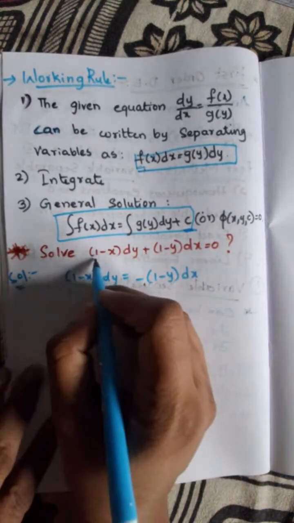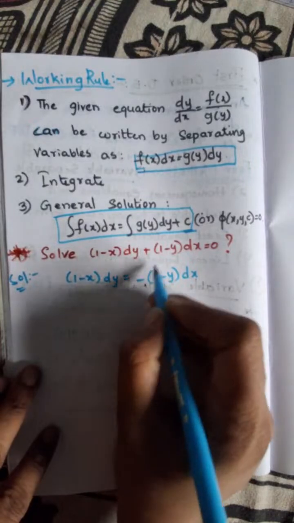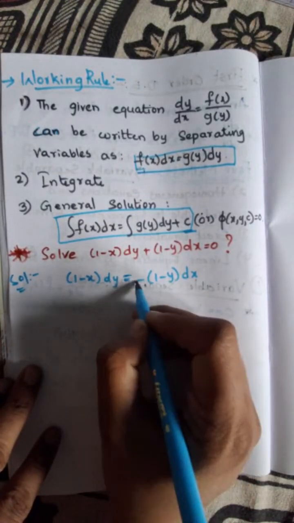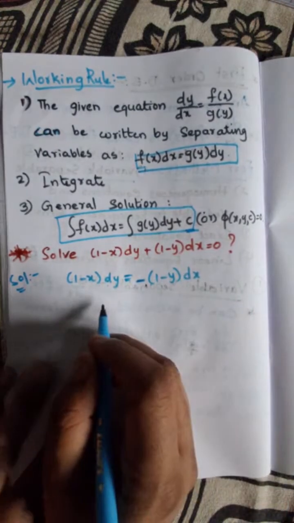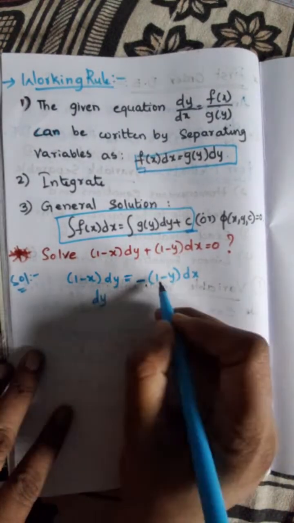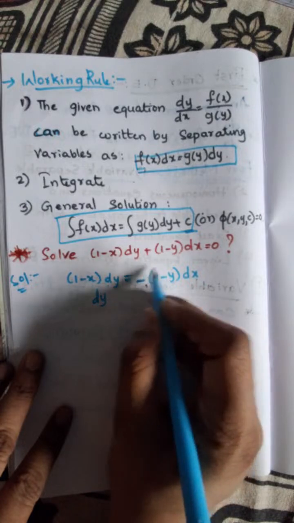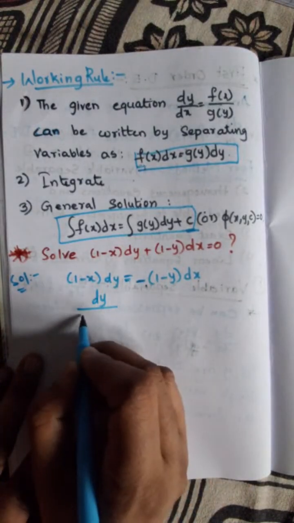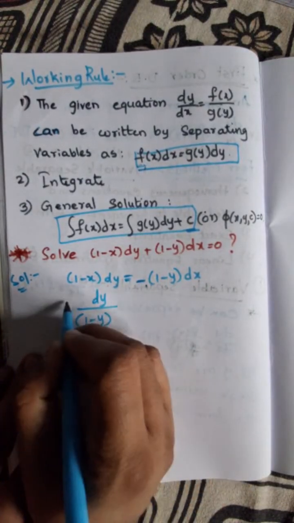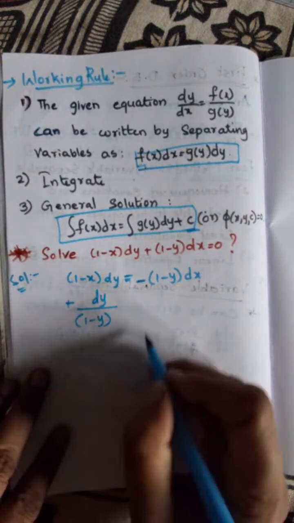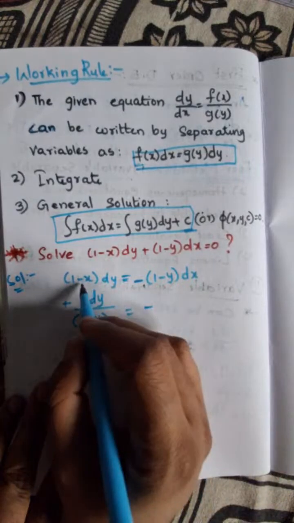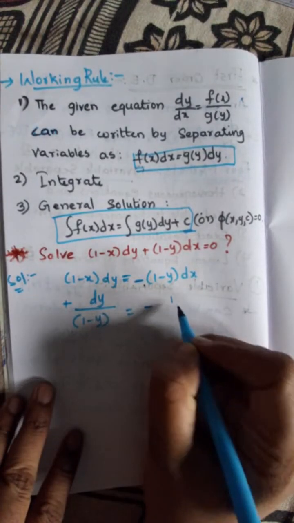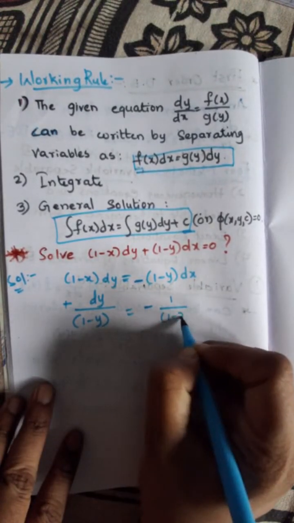So (1 minus x) dy equal to minus (1 minus y) dx. Take the y term to the dy side and the 1 minus x to the other side, so dy by (1 minus y) equal to minus dx by (1 minus x).